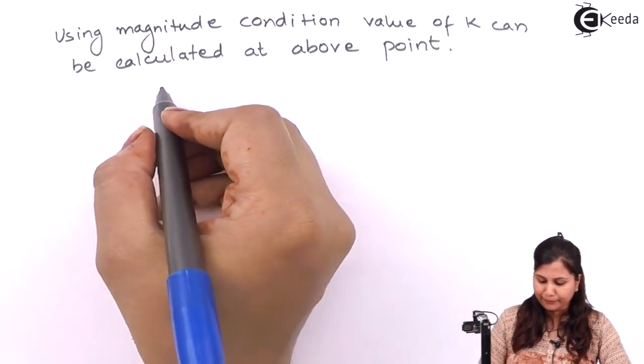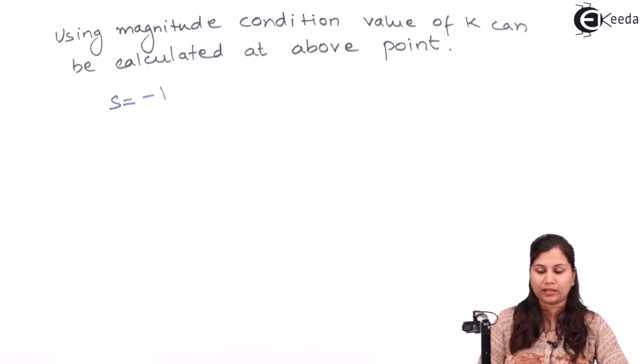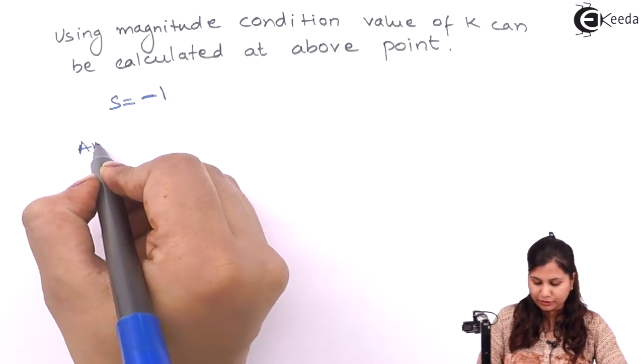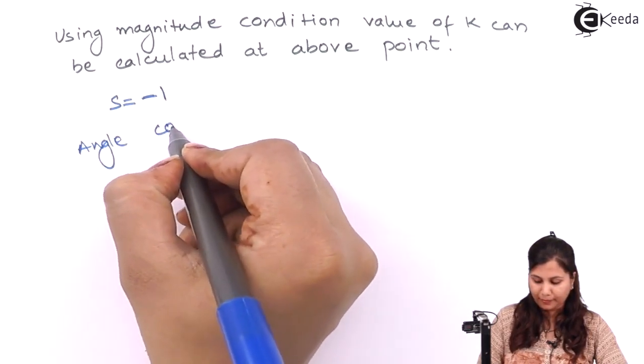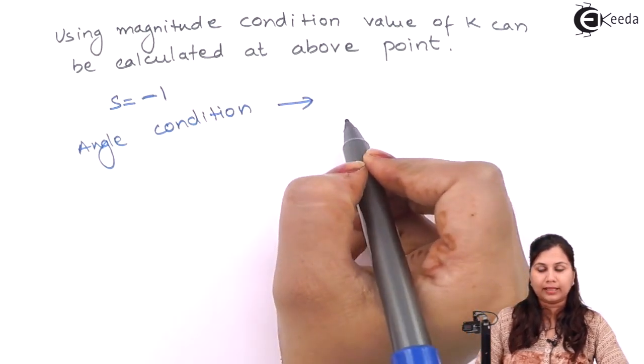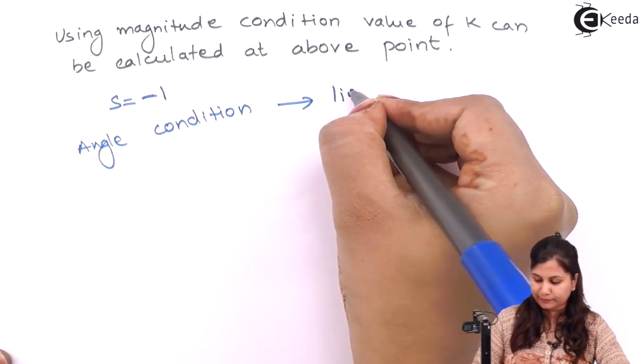Let's take an example. Suppose we have a point s equals minus 1. If this point satisfies the angle condition, that means that for a system it is lying on the root locus of that system.